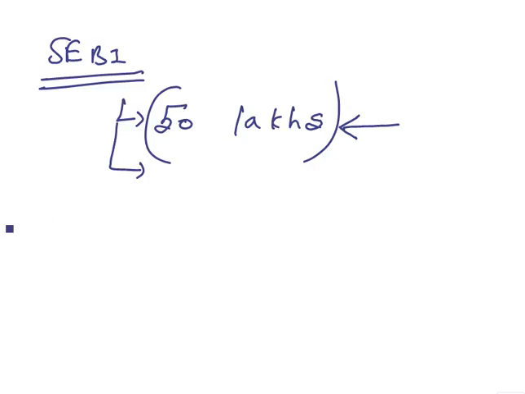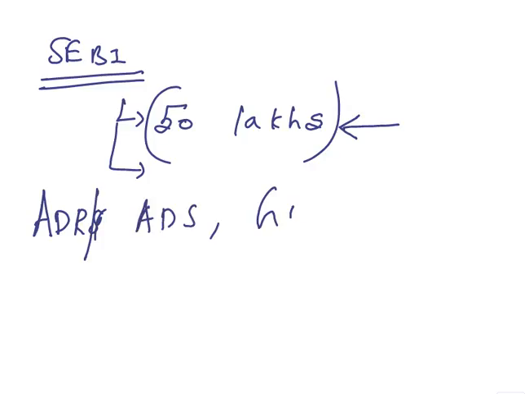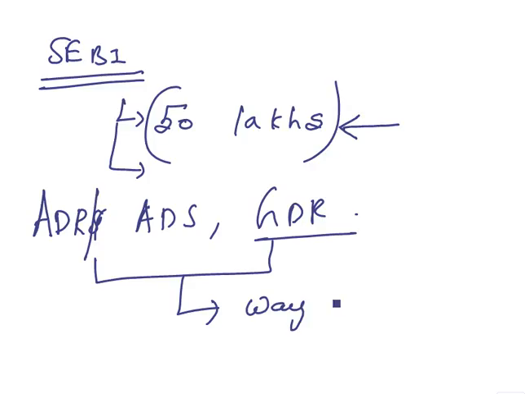Now let's see the final few terms like ADR or ADS and GDR. ADR stands for American Depository Receipts and GDR stands for Global Depository Receipts. Before that, what are these things? These are ways of raising money in foreign countries.